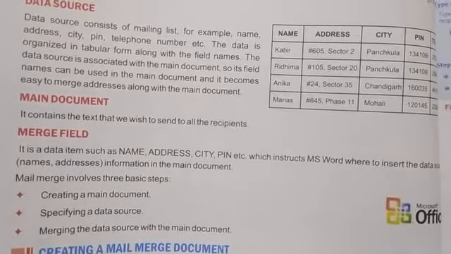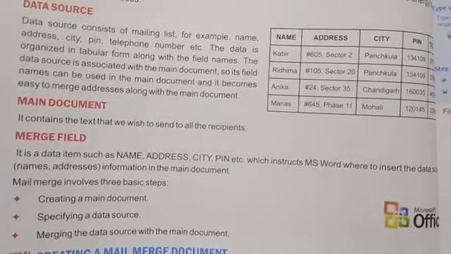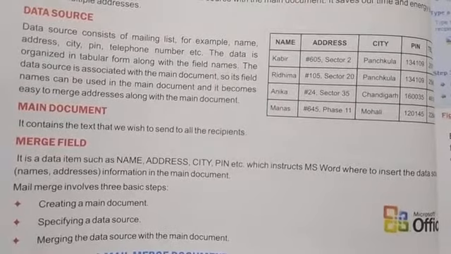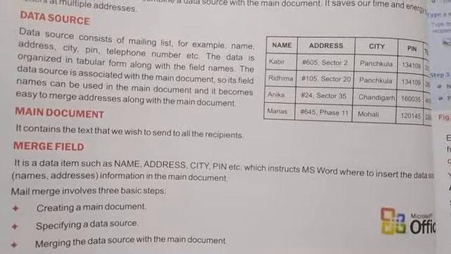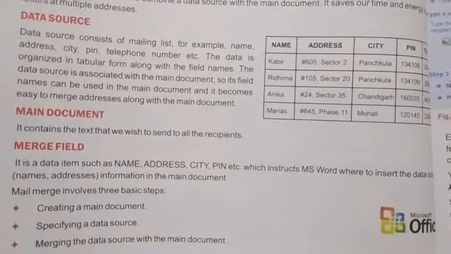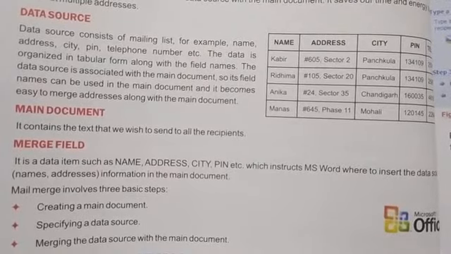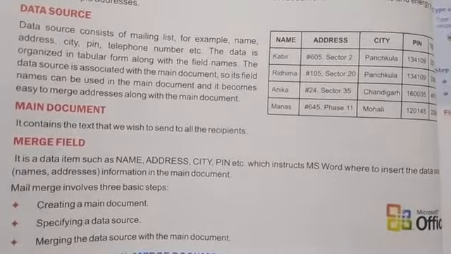After creating the main document and data source, you have to merge them, you have to combine them, and after that you can merge any field with your main document. You can take any field name from the data source, like name, address, city, and you can merge it with your main document according to the position where this information is to be displayed.